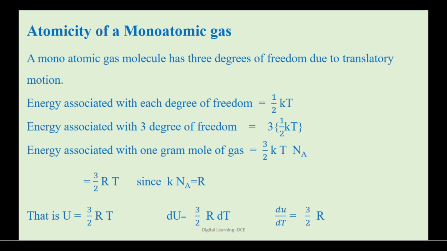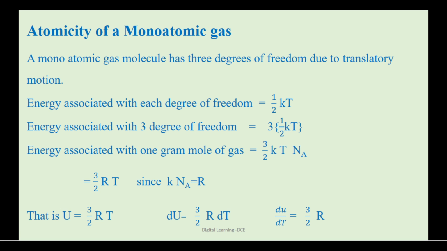Then on substituting R in place of k into Na, we get the energy associated with 1 gram mole of a gas is equal to 3 by 2 RT, and it is represented by the letter U.